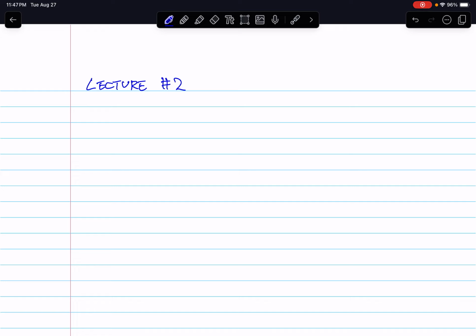So last time we discussed scalar times vector and also vector multiplied by another vector, and there are two different types, one of which was scalar or dot product, and the other one was vector product, or in other words it was called the cross product.